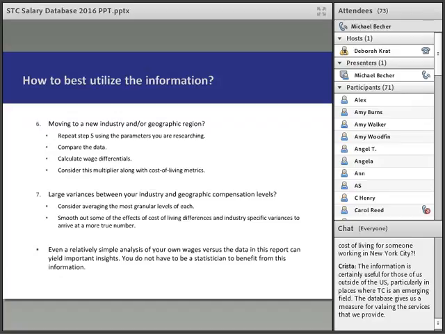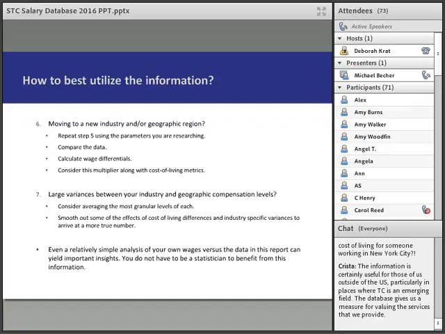And then the last step is if large variances exist between your industry and geographic compensation levels. So let's say your industry is saying, all right, I should be making $70,000, but your geographic location says you should be making $90,000. Well, what you want to do is probably consider averaging those out at the most granular level.